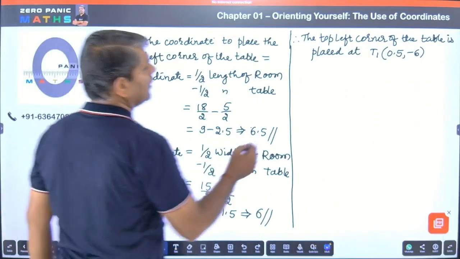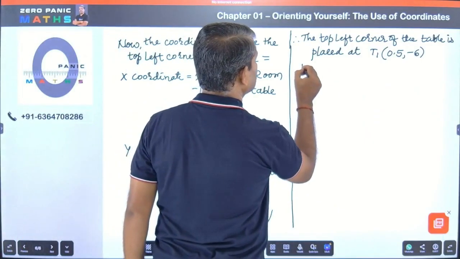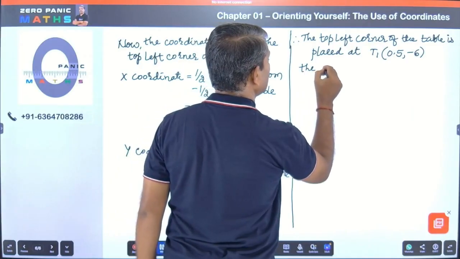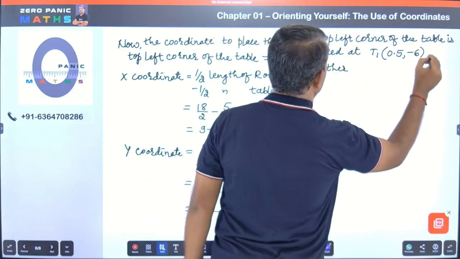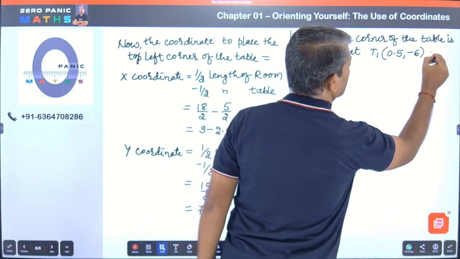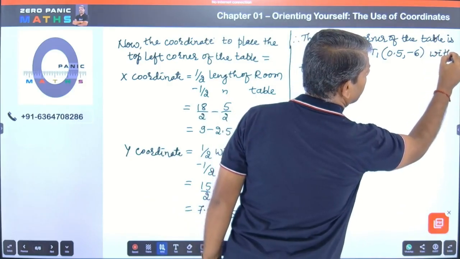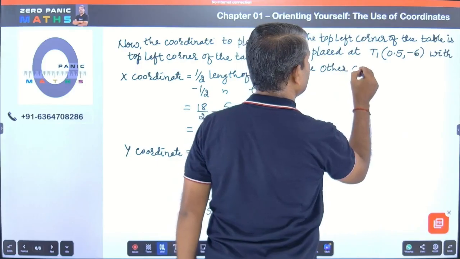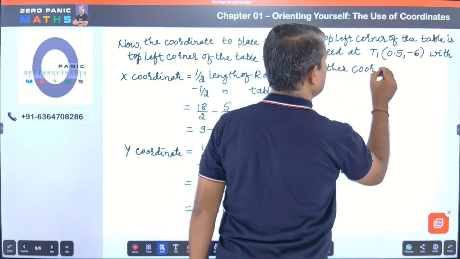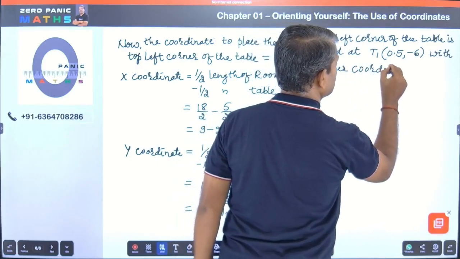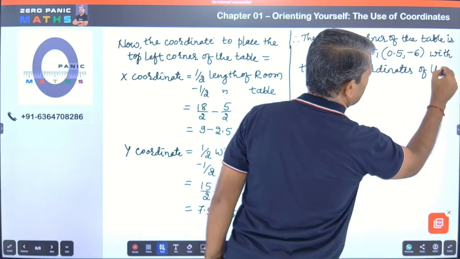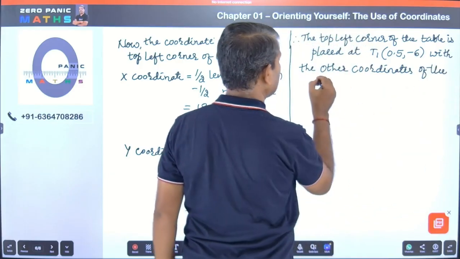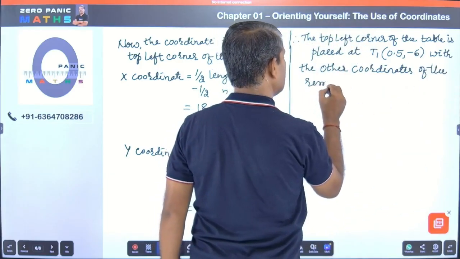The other coordinates are of the remaining corners of the table.